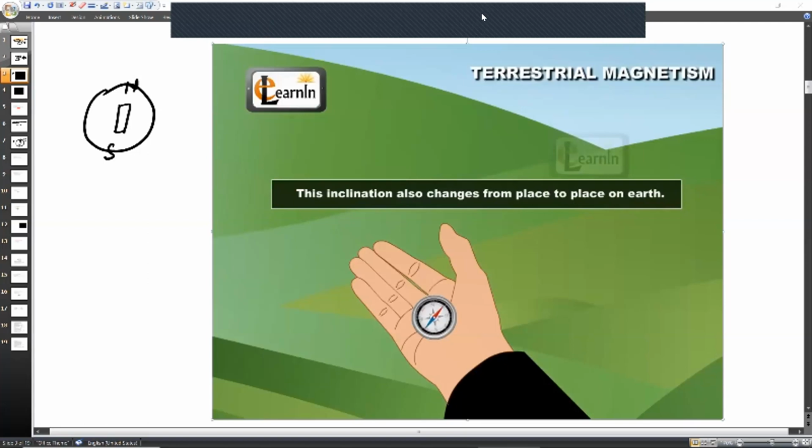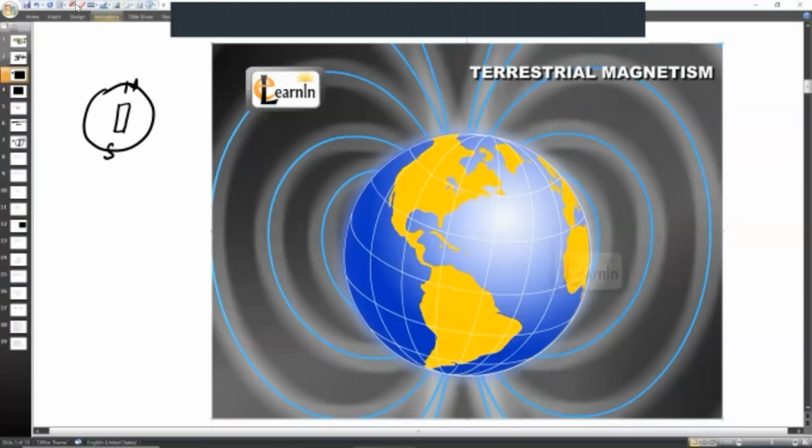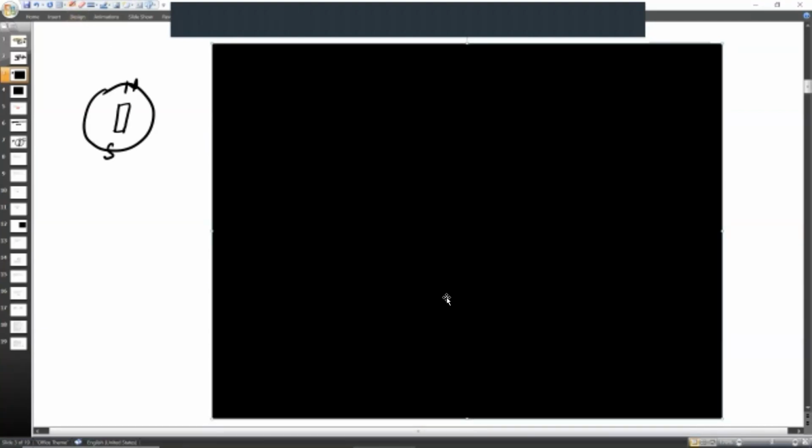So you can understand here that the earth may be imagined as a giant bar magnet. There is a giant bar magnet present inside the earth.